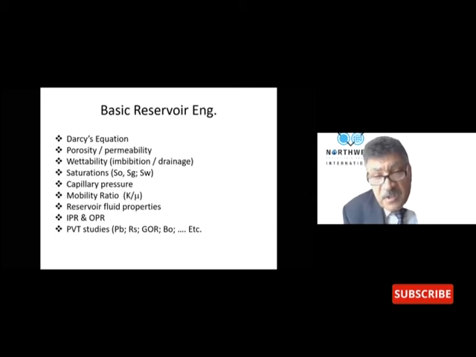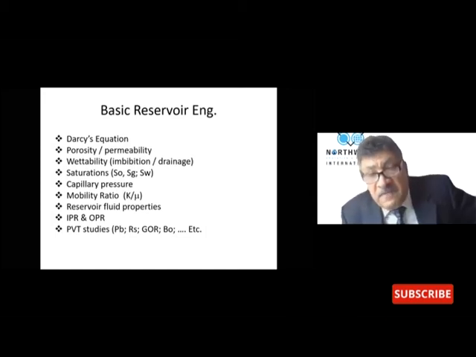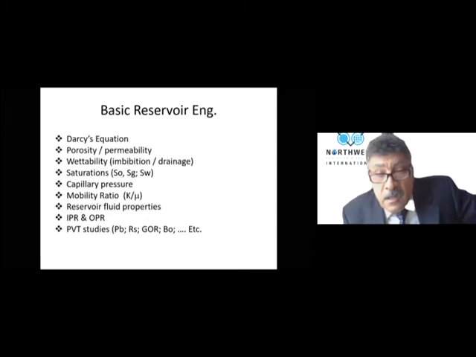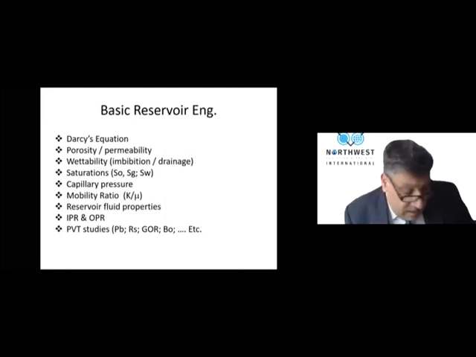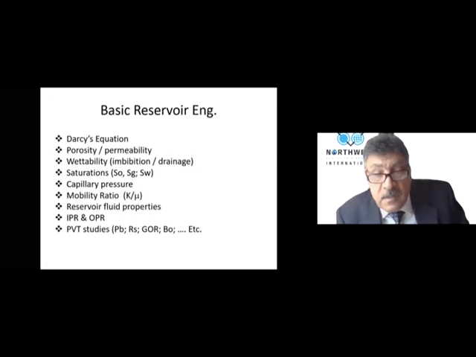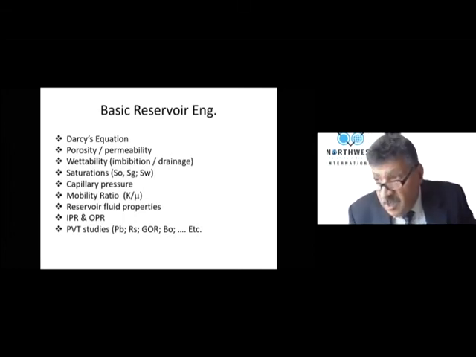When you do injection, you need to make the oil move faster than the water. Don't make the water move faster. If the water moves faster than the oil, then you didn't do any job. You just inject water and you produce water. So make sure you have the right type of injection and the right ratio between permeability and viscosity of the oil. Usually it should be more than one.